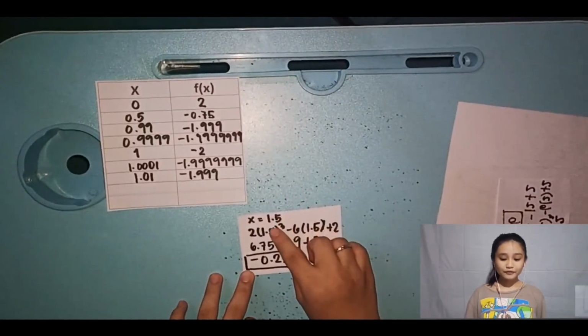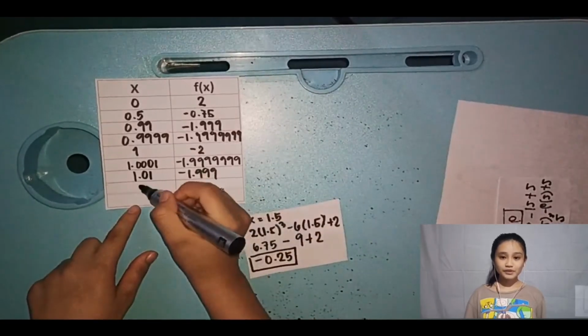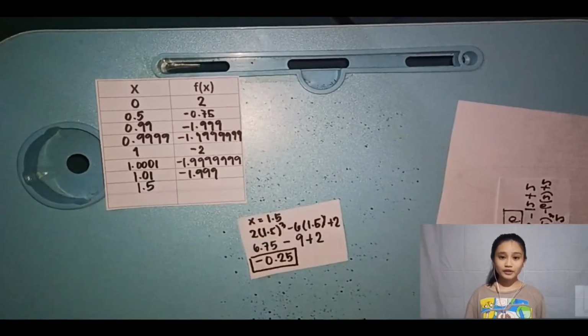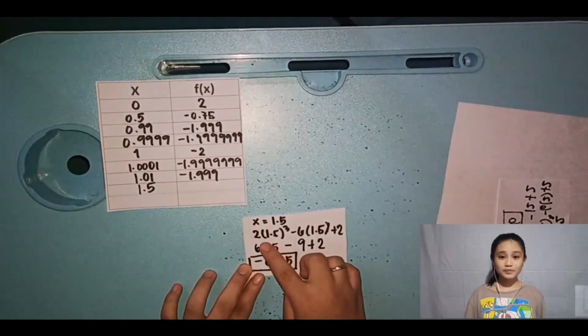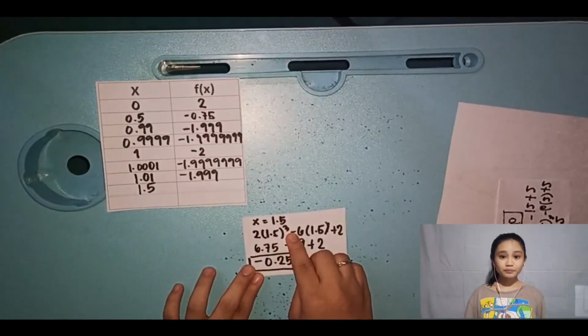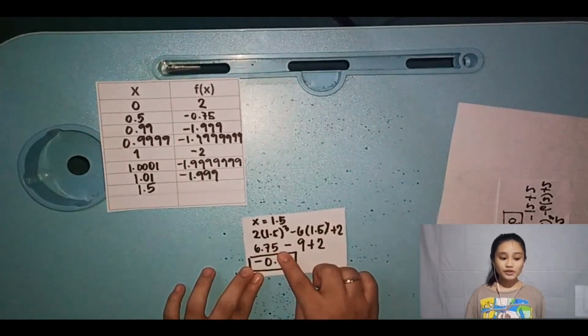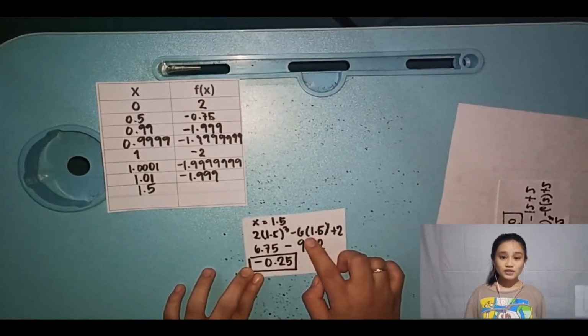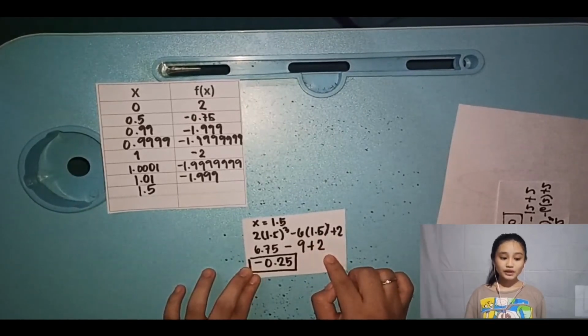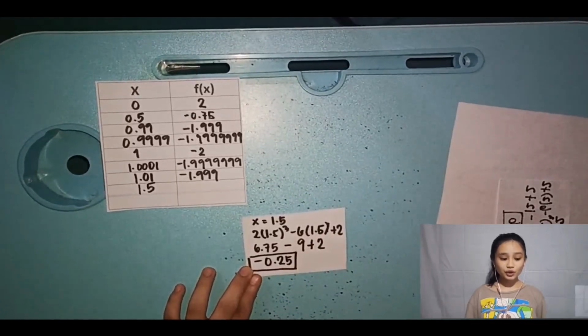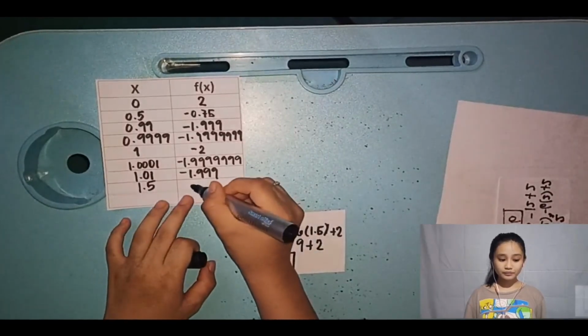Now let's have 1.5. Substitute 1.5 into the equation. 2 times 1.5 cubed is equal to 6.75 minus 6 times 1.5 is equal to 9 plus 2 equals negative 0.25.